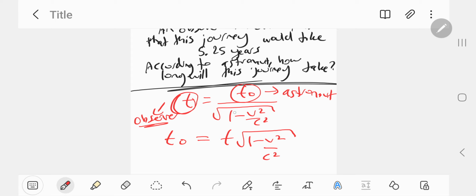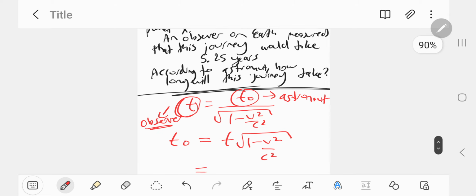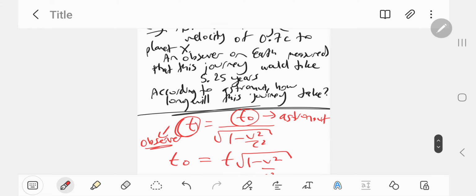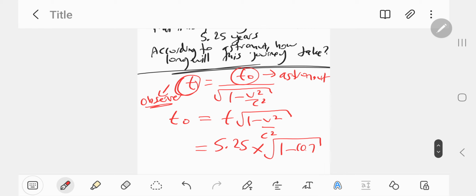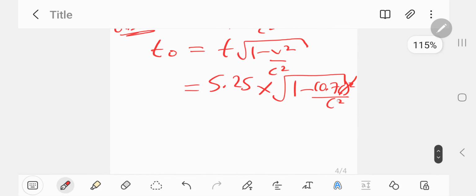Okay, T sub naught, take this denominator, multiply by T, algebra. So what do we have? Now T, we know, is 5.25 years, according to the person on Earth, times the square root of 1 minus 0.7 times the speed of light, all squared, over c squared. Now the c's cancel out, so you're left with 0.7 squared.